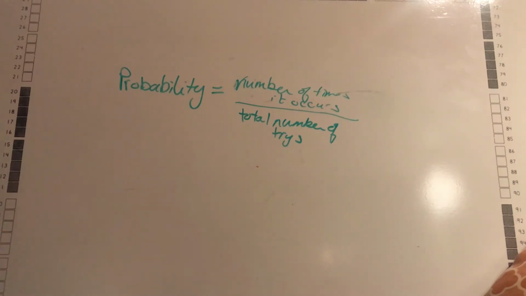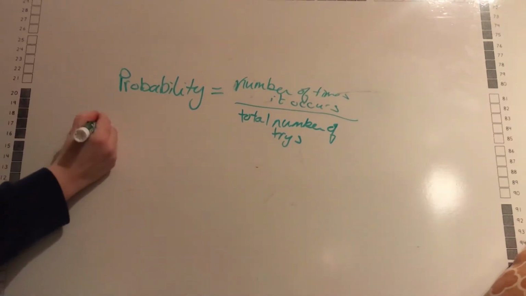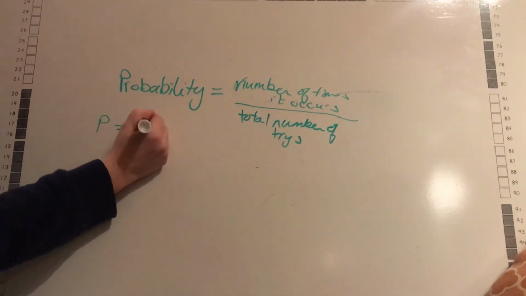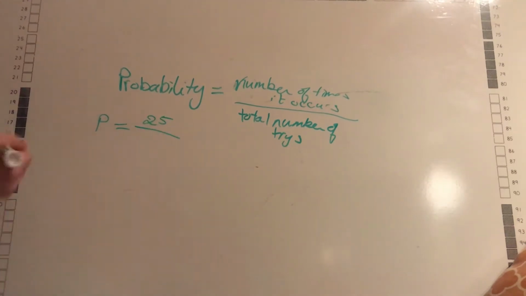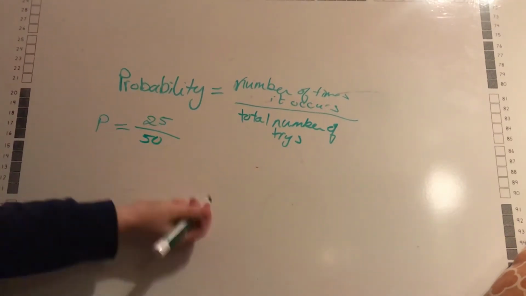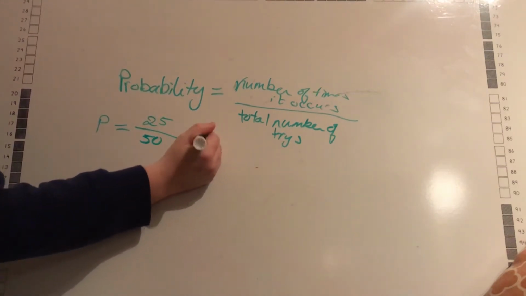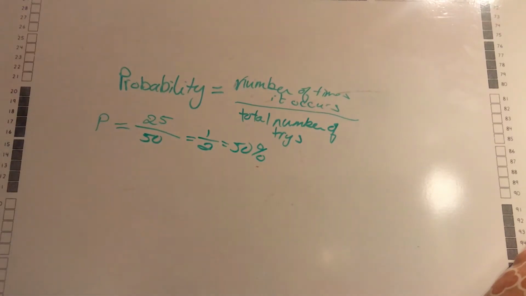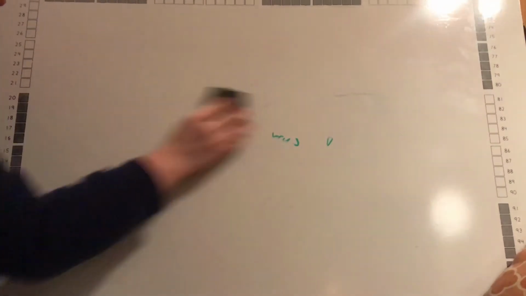You would put your probability equals the number of times you actually made a goal, which was 25, out of the number of times you kicked the ball, which was 50. Well, we know that that's going to equal 1/2 or 50%. Okay, so the probability of you making a goal when you kick the ball is 50%. Okay, let's look at some of the other examples they have in the book.